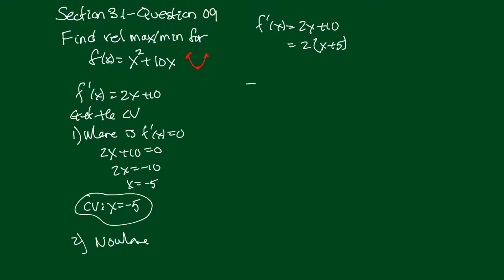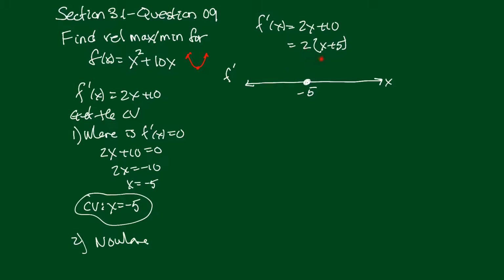All right, so let's draw our line, put our critical value in. There's only one critical value. That's here at negative 5. And let's analyze f prime. So to the left of negative 5, we're in this interval right here. Pick a test number like negative 6. Put it back in here.